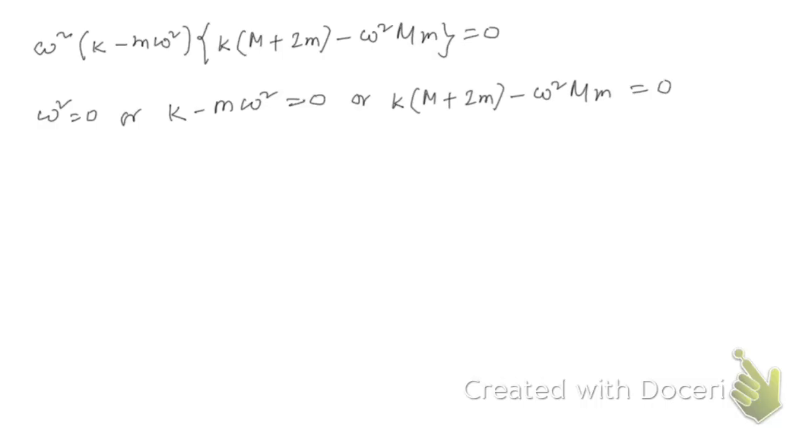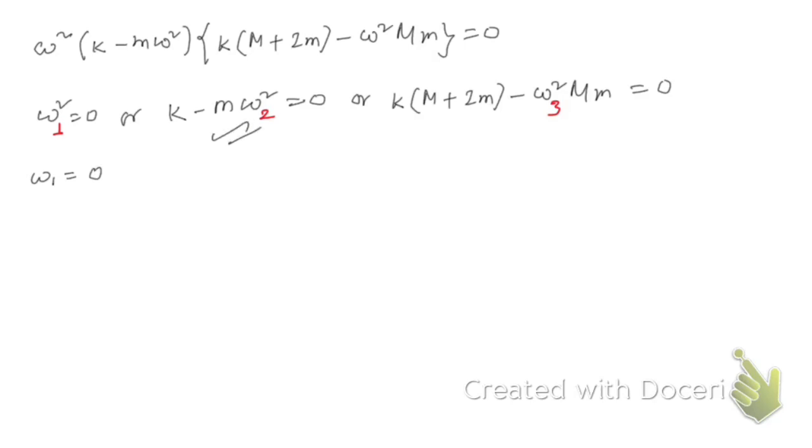So from here we're going to get three different solutions of omega square. Let me write this as omega 1, omega 2, and omega 3. If you solve, omega 1 square is equal to 0, which means omega 1 is 0.